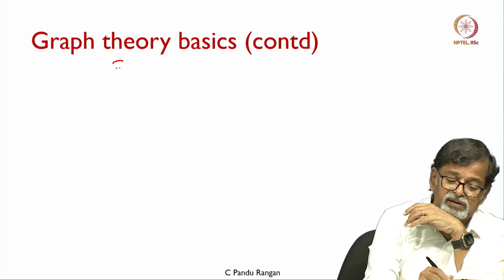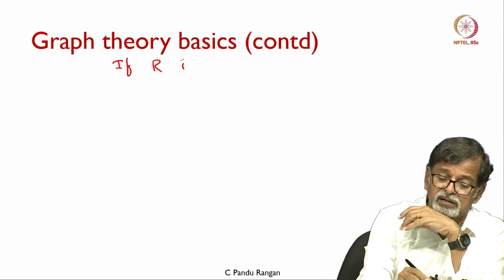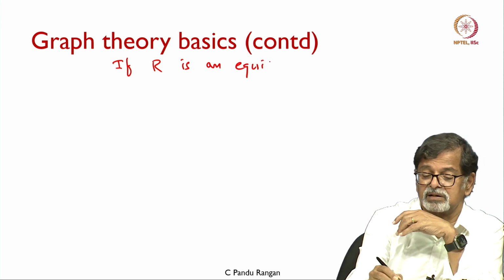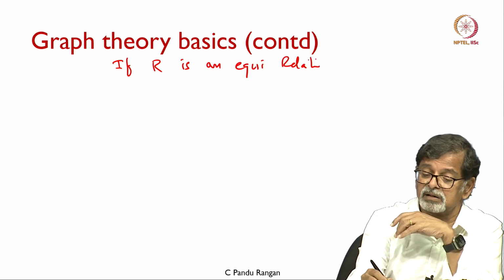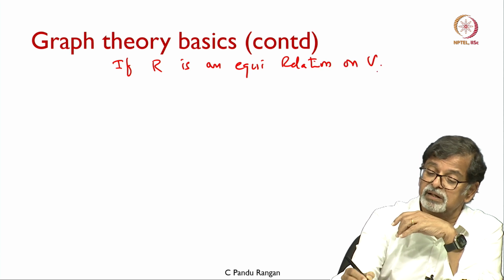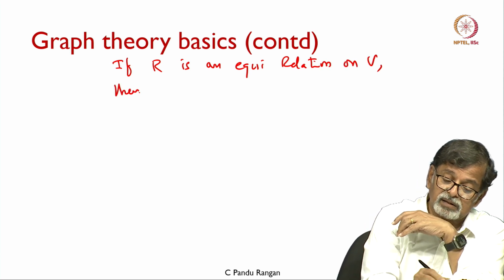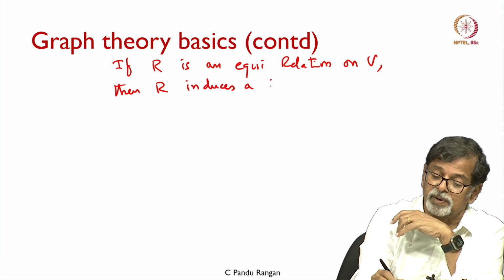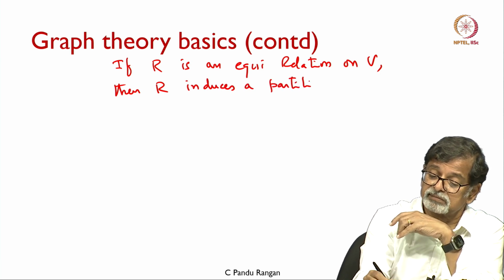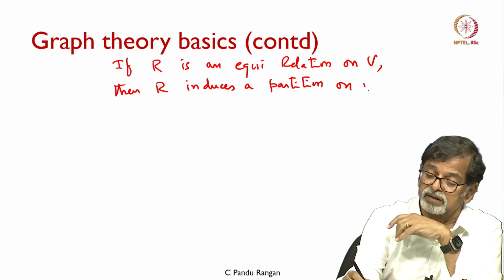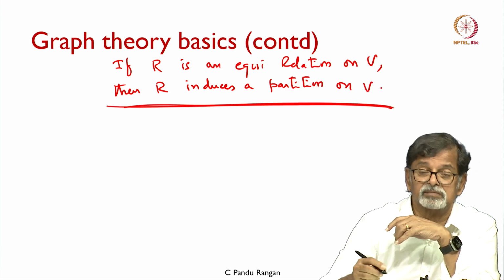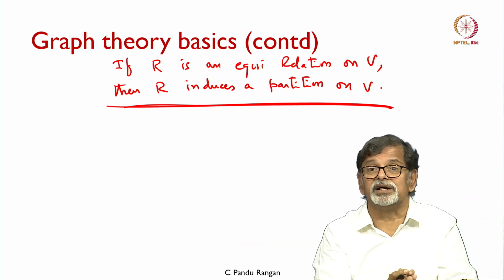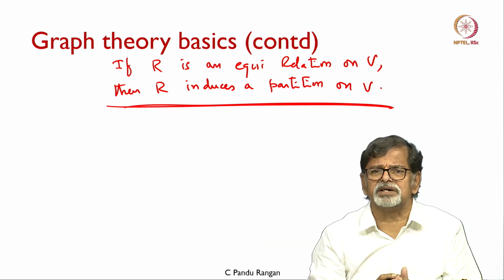If R is an equivalence relation on V, then R induces a partition on V. Every equivalence relation is going to split the underlying set into a partition. What is a partition?